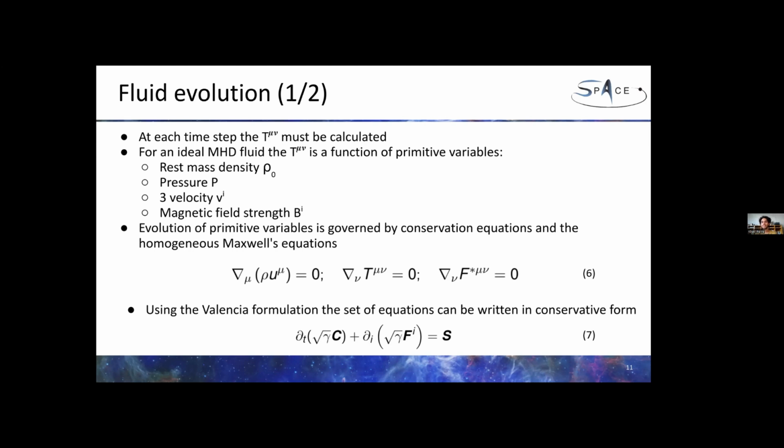Now, for relativistic fluid dynamic simulations, to evolve them, we use something called the Valencia formulation, where we take the equations in 6 and we rewrite them until they're in this form, all of them, where we have a flux term, which is the Fi, and a source term.